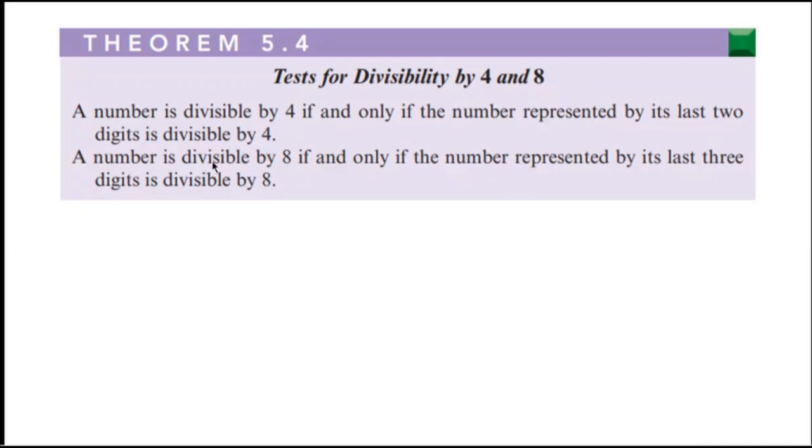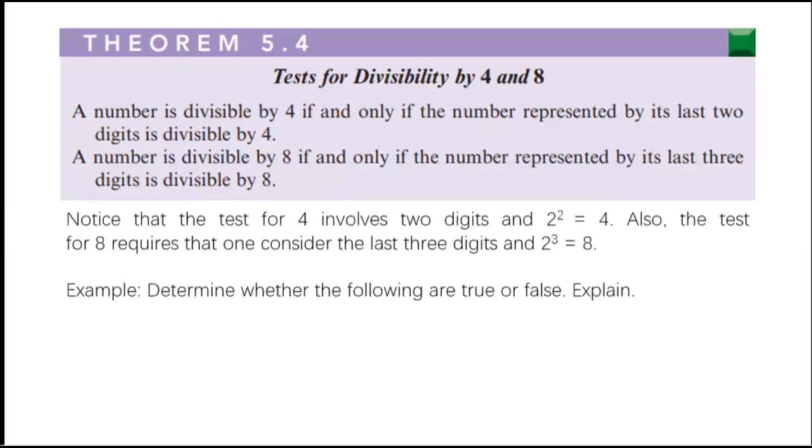And for the 8, a number is divisible by 8 if and only if the number represented by its last 3 digits is divisible by 8. Okay? Obserbahan natin. Notice that the test for 4 involves 2 digits and 2 squared equals 4. Also, the test for 8 requires that one consider the last 3 digits and 2 cubed equals 8.